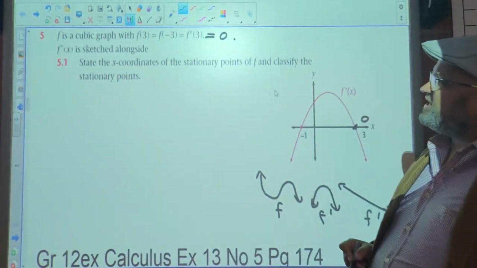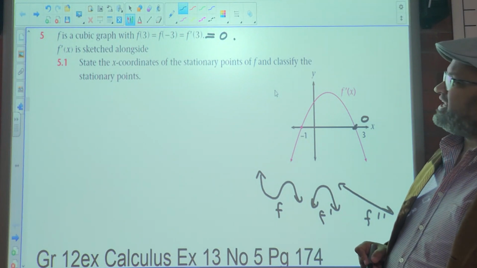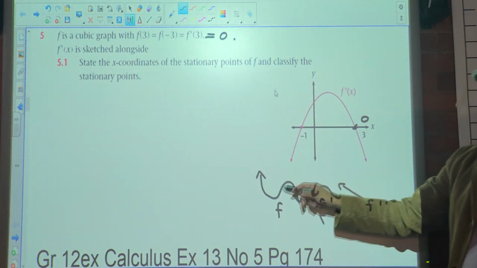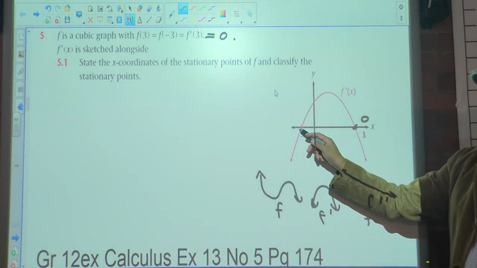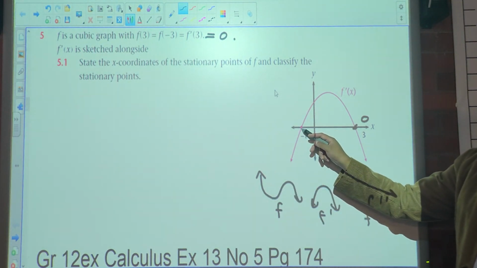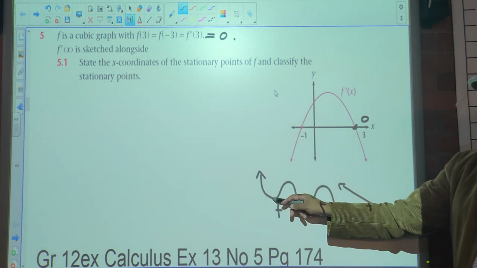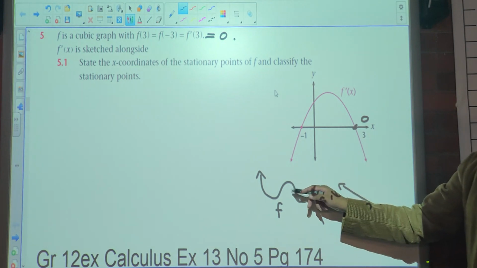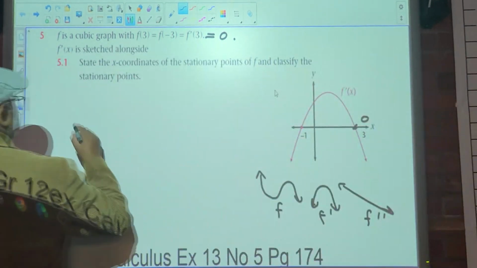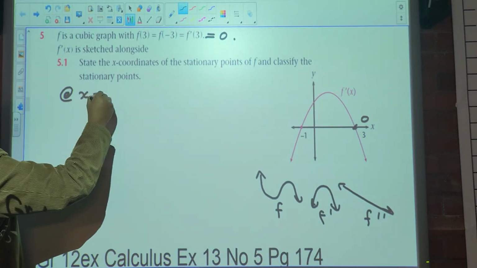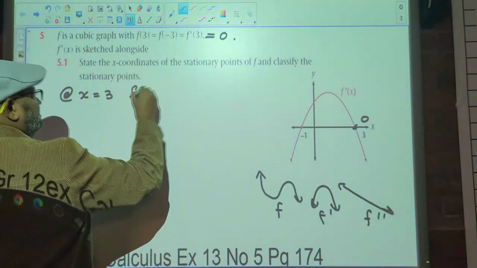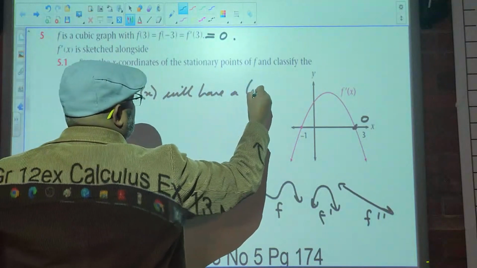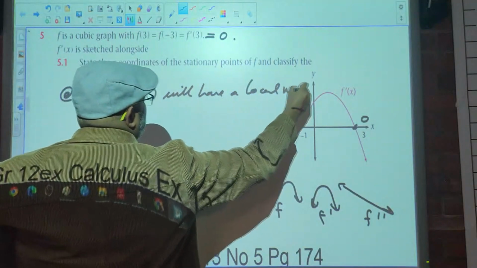State the coordinates of the stationary points of f and classify the stationary points. So this graph is first going down, then up. So negative 1 would be the local max or local min? Local minimum. Whilst 3 will be the local max. So at x is equal to 3, f of x will have a local maximum.